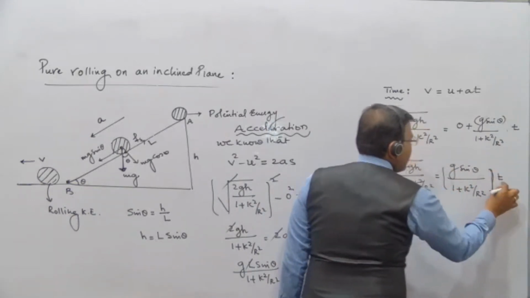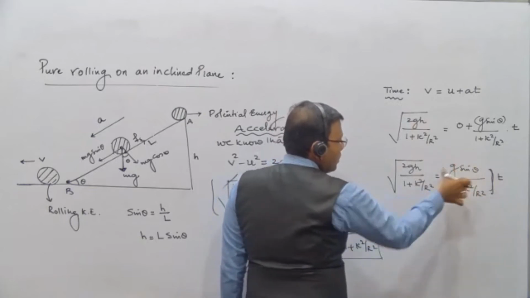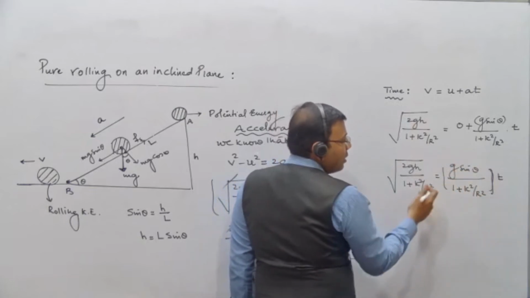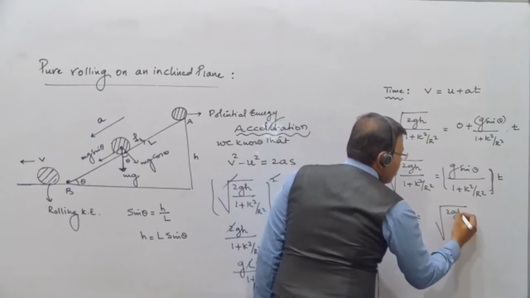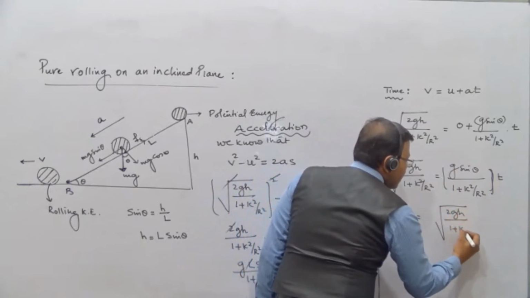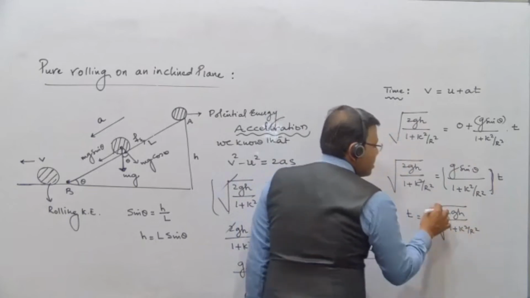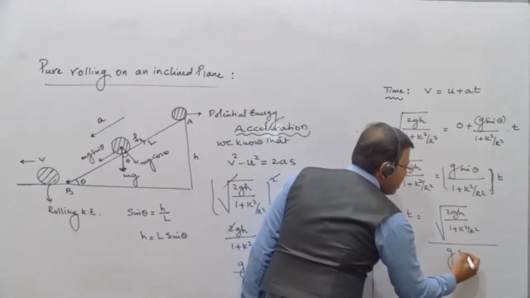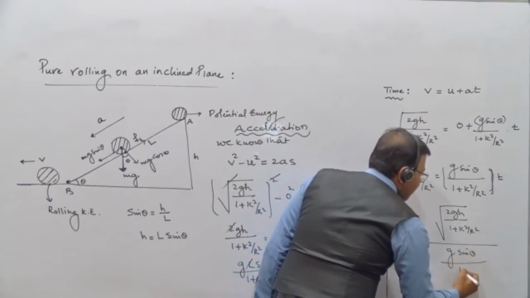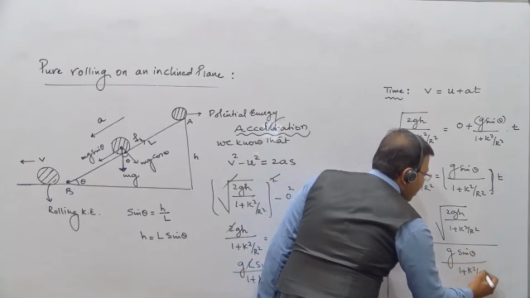Now students, this t I need to calculate, means I have to take the whole term in the denominator. So it is under root of 2gh by 1 plus k square by r square in the numerator, and the whole of this goes in the denominator: g sine theta by 1 plus k square by r square.